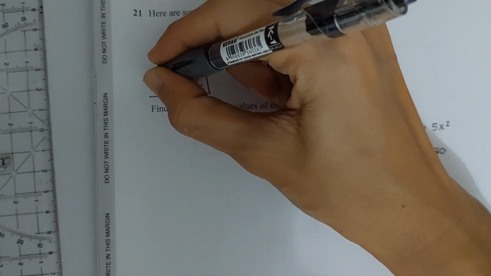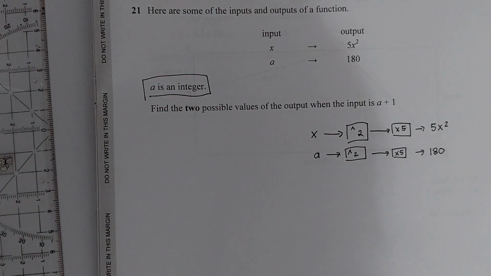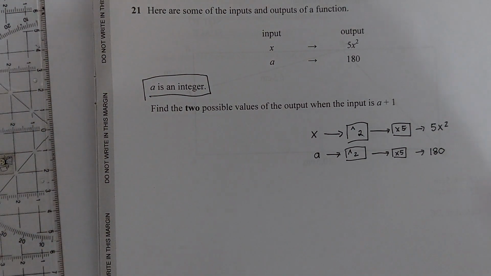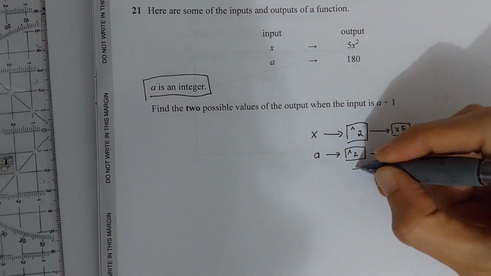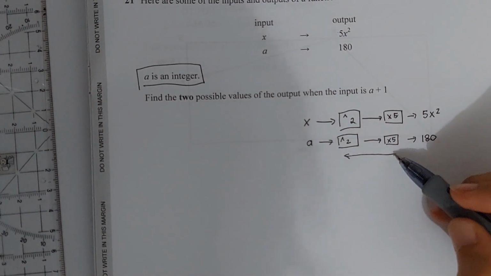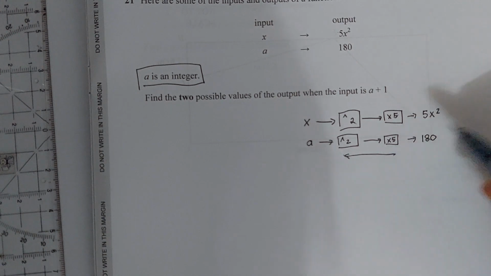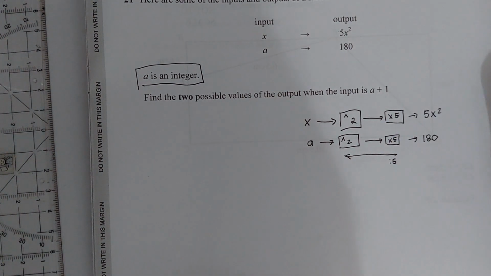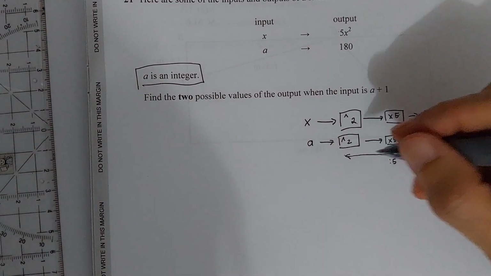Well, here, A is an integer, so that's the sign that you need to find the value of A. Inverse operation, guys, from the right to the left. 180 to the left, times by 5. What is the opposite of that? Divided by 5. Now, 180 divided by 5 will be 36.